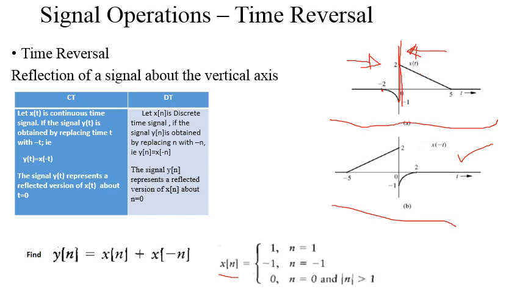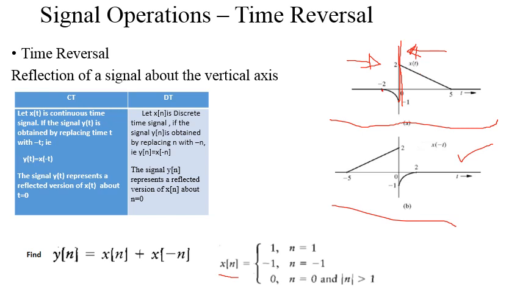So that means if n is less than minus 1, or if it is greater than plus 1, for all such values it will be 0. So that means we have only two non-zero samples.